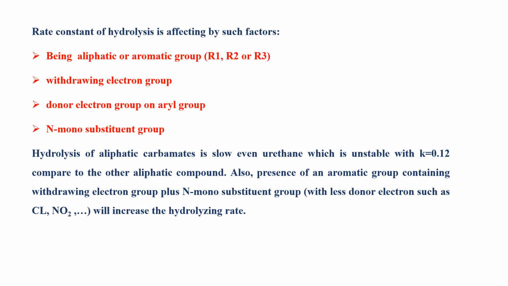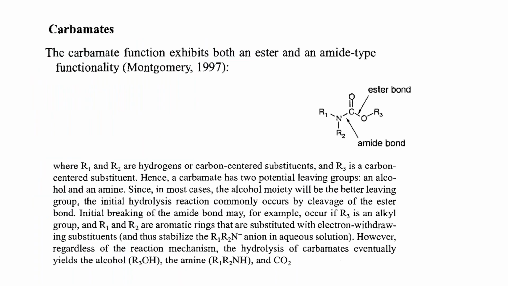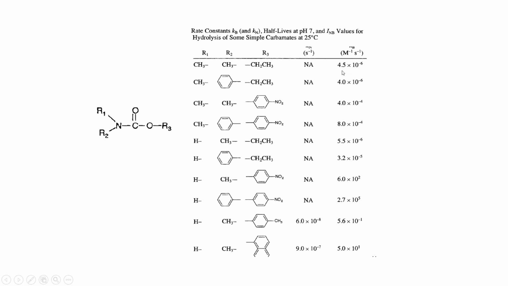As you can see in this table, by changing the groups R1, R2, and R3 in the carbamate, we can obtain different rates of hydrolysis reaction for carbamate at pH 7.